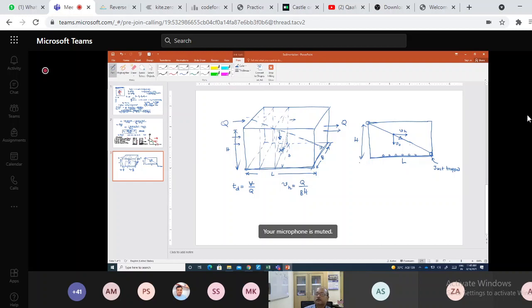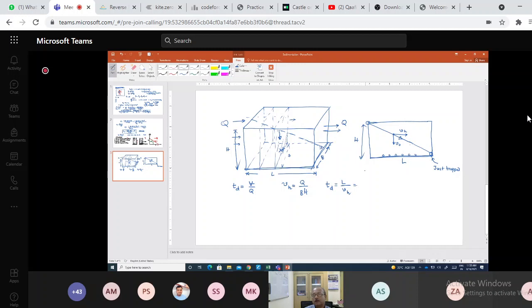So the horizontal distance traveled is L, and with the velocity vh, it will take time t to reach the other side.